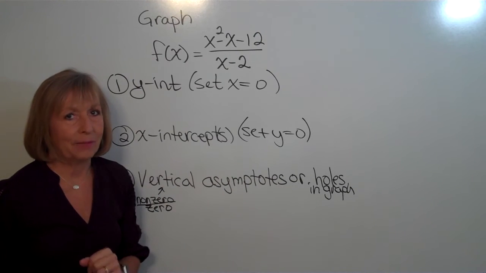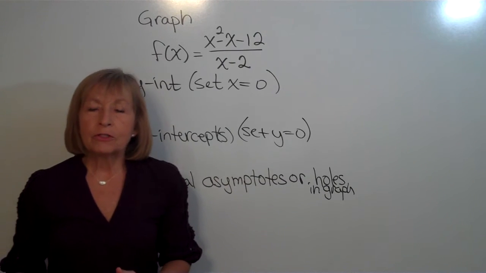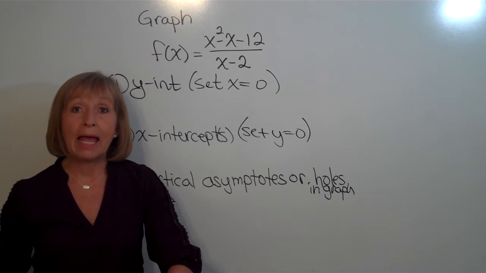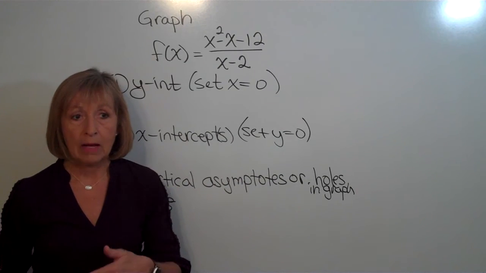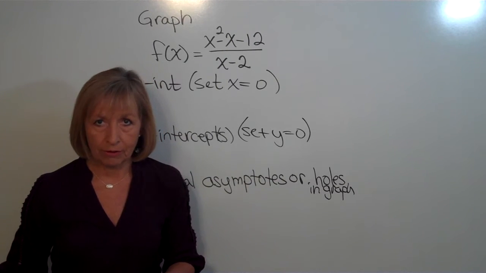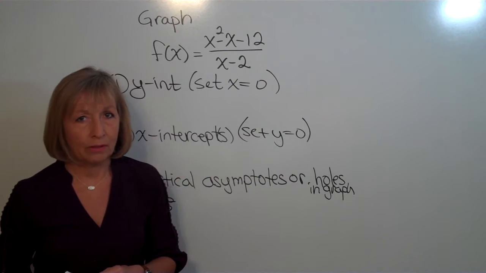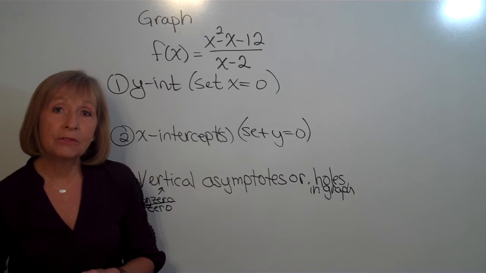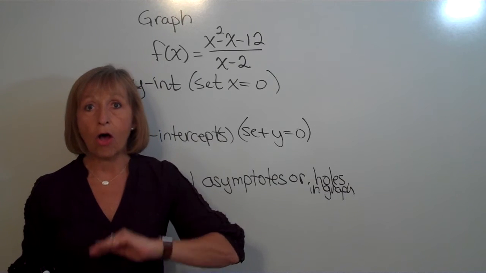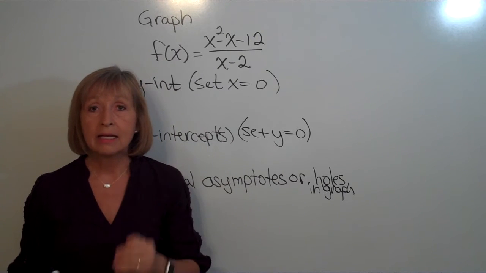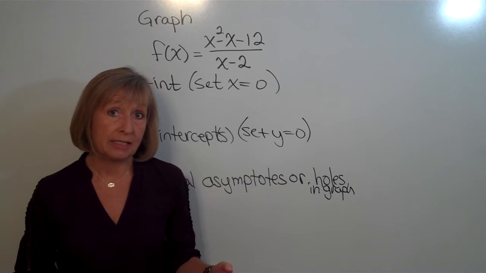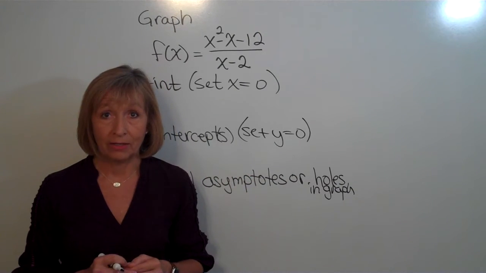Holes in the graph are a little bit trickier. First, if we have a value of x that makes the denominator 0 and the numerator 0, that means there's something going on there and we have to investigate it further. I'm not guaranteed that it's a hole in the graph. If I have a value of x that makes the denominator 0 and also the numerator 0, then x minus that number is a factor of both the denominator and the numerator.